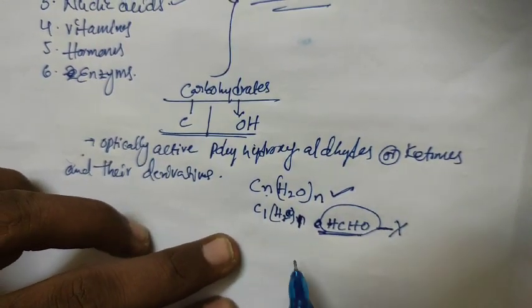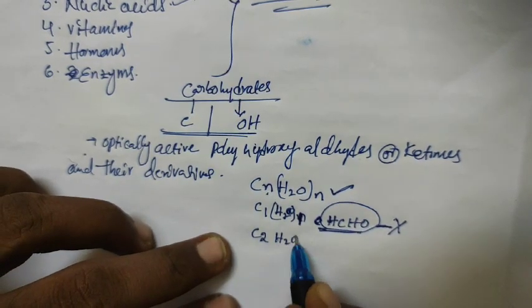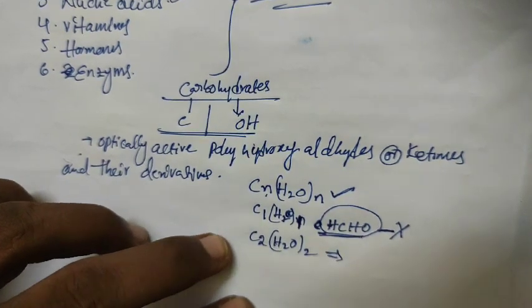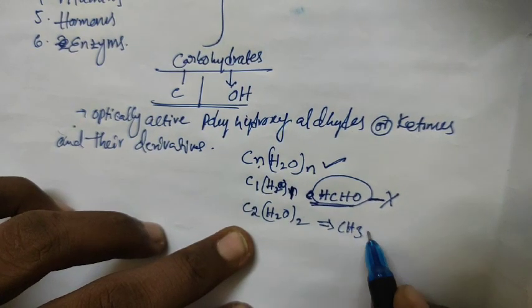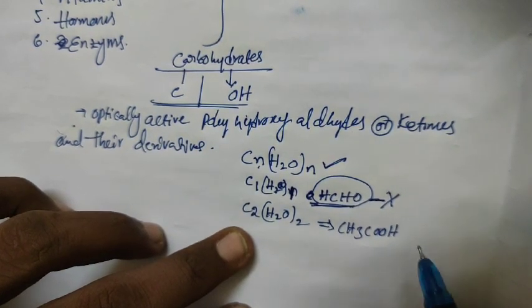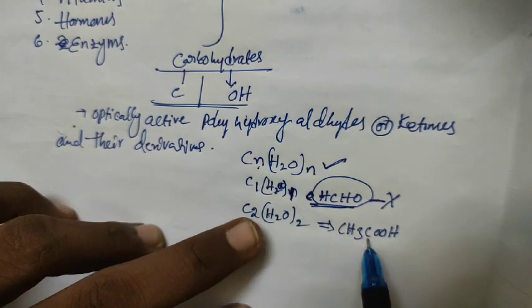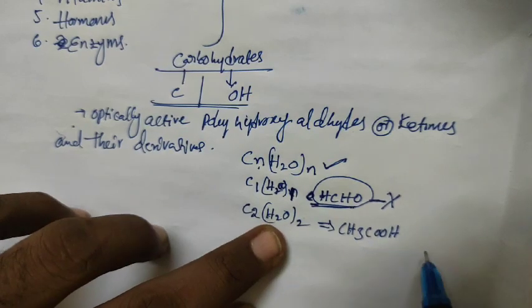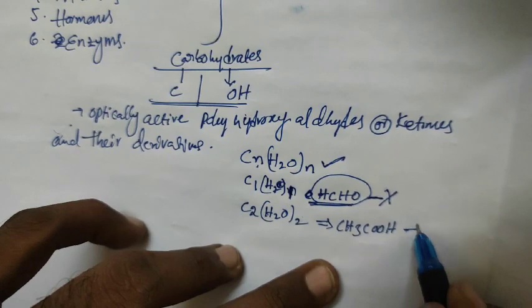One more, instead of n we take 2, that means C2H4O2. Which compound comes for this formula? CH3COOH, acetic acid. CH3 means carbons 2, hydrogens 4, oxygens 2. So it is also not a carbohydrate. Even if the formula is satisfied, it is not a carbohydrate.